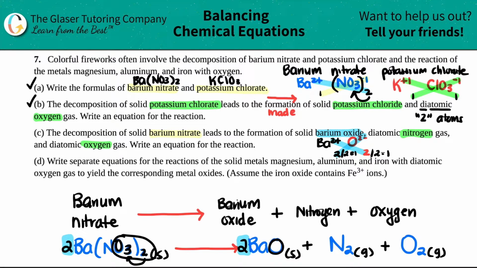We said before that we had 6 here. Times 2, we have a total of 12 oxygen on the left side. And balancing the equation, I need to have 12 oxygen on the right side. There are 2 oxygens here plus something to get me to 12.